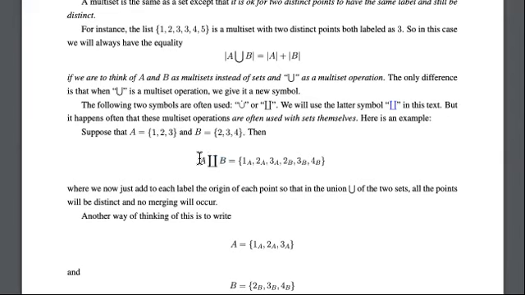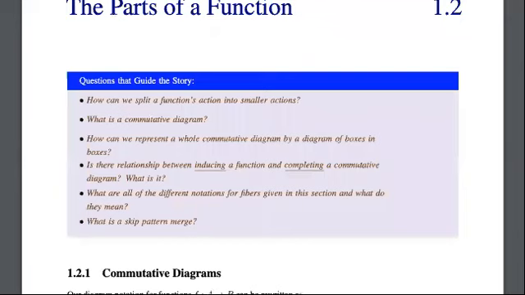A disjoint union of two sets is where you think of everything in this set as never having the same label as things in the other set. Then you just take a union. That's basically what that means. So we're going to use this symbol here in what we're going to be talking about in this section. So let's go back here to where we were.